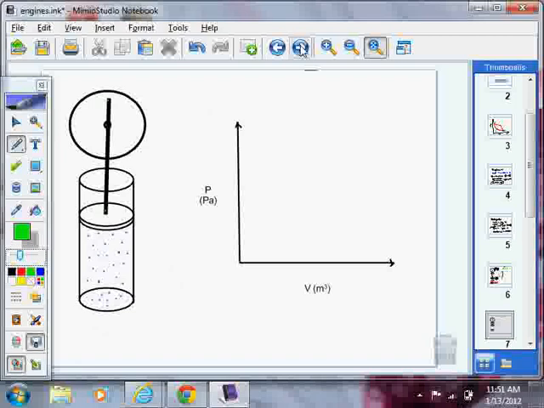And basically, the piston is going to go from that lower state up to the higher state. And when it goes up there, the wheel is going to turn from over here to over there.